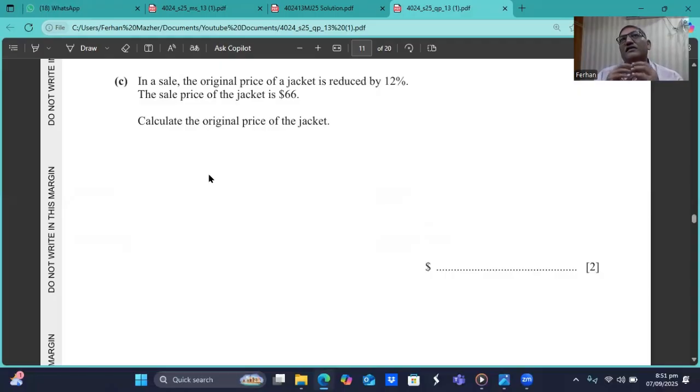And we know that the mark price or the original price has been reduced by 12%, and then they have the sale price. So this is called the reverse percentage.